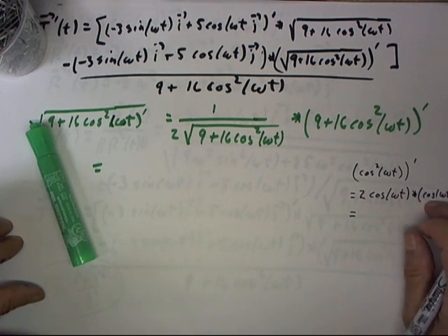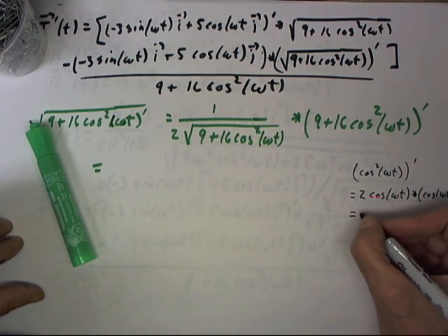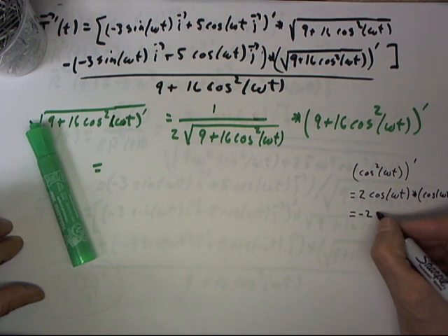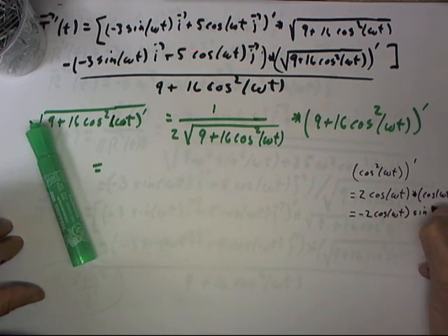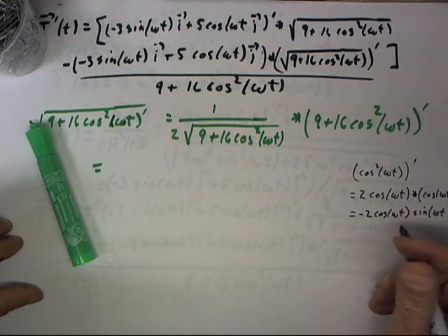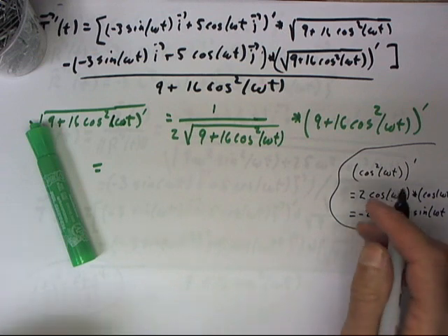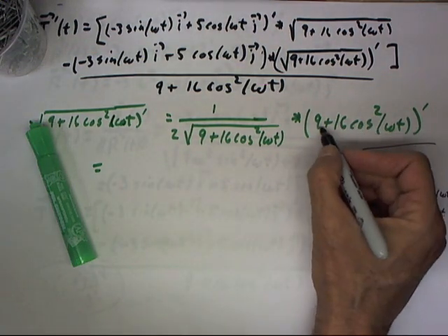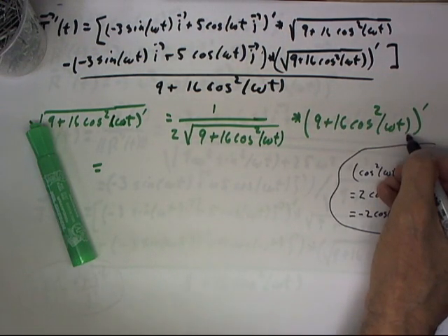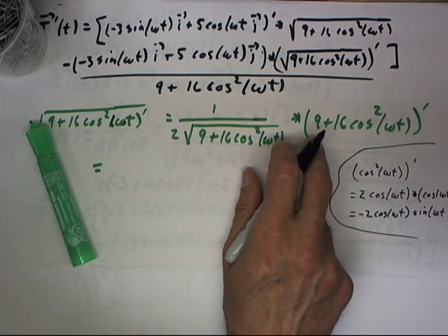It's just negative omega sine of omega t. So we end up with negative 2 cosine omega t sine of omega t. So the derivative of 9 plus 16 cosine squared of omega t, 9 is going to give us 0.